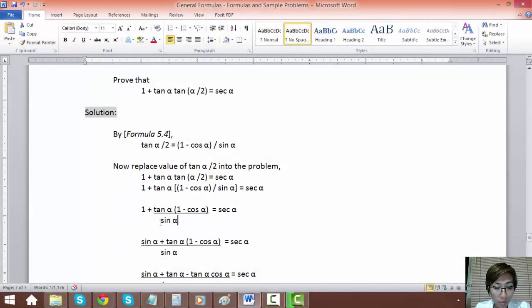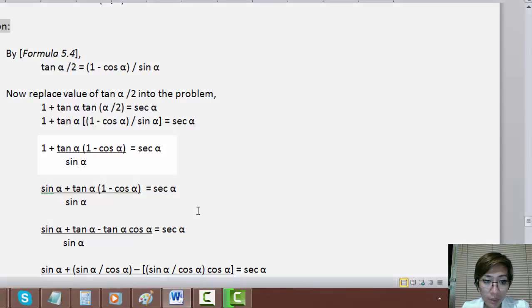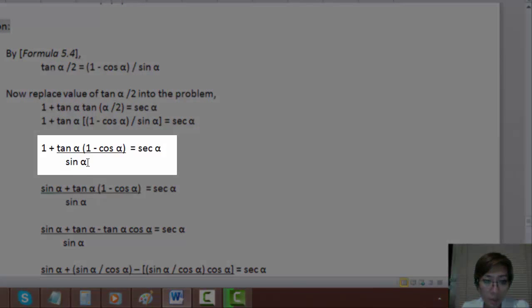And if we combine the mixed terms, the whole number and the fraction, with a common denominator as sine alpha, we arrive with sine alpha divided by the denominator of this one, which is 1, of course. So sine alpha divided by 1 is equal to sine alpha.